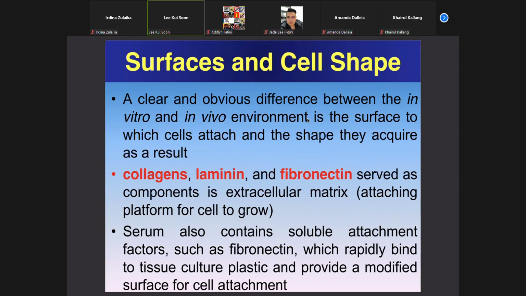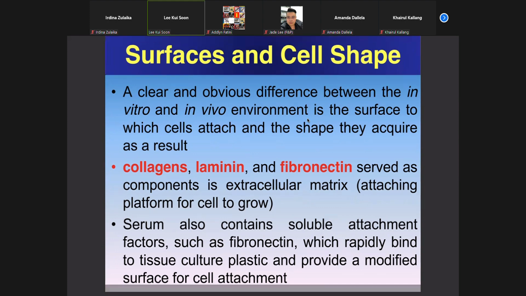This is particularly important for anchorage-dependent cell culture, okay, where the cells need the matrix to attach to. And sometimes serum also contains soluble attachment factors such as fibronectin, which will rapidly bind to the tissue culture plastic and provide a modified surface for cell attachment.